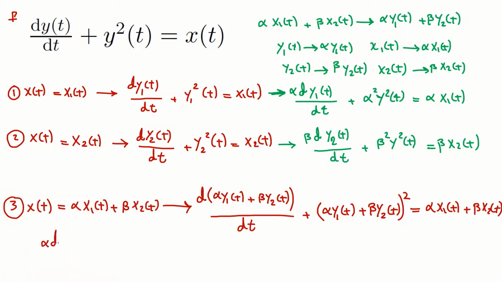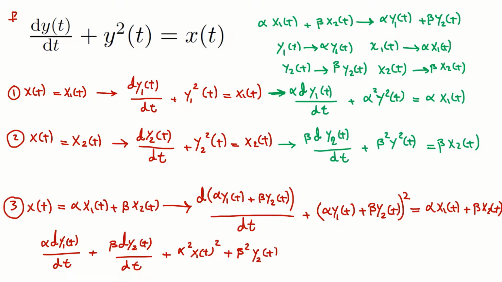We would have alpha dy1(t)/dt plus beta dy2(t)/dt plus alpha squared y1(t) squared plus beta squared y2(t) squared plus 2 times alpha times beta times y1(t) times y2(t) equals alpha x1(t) plus beta x2(t).